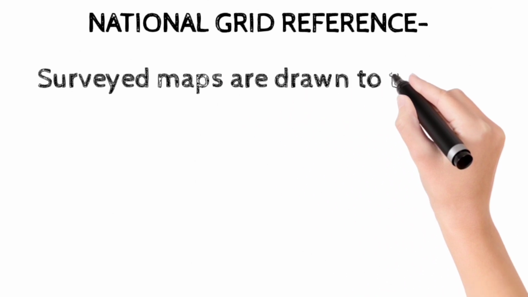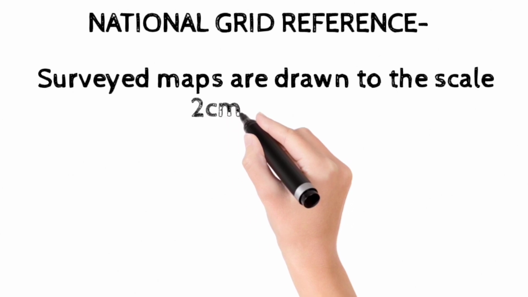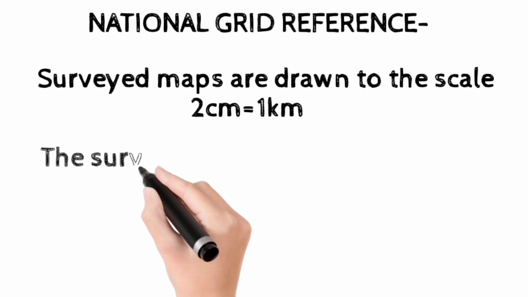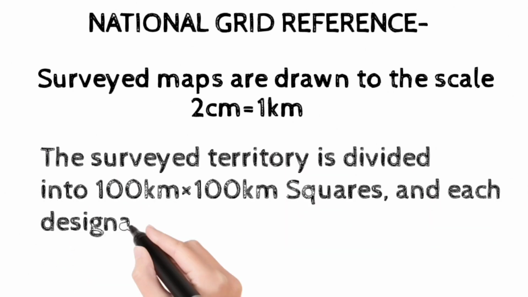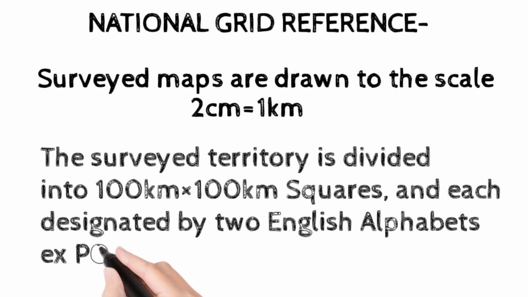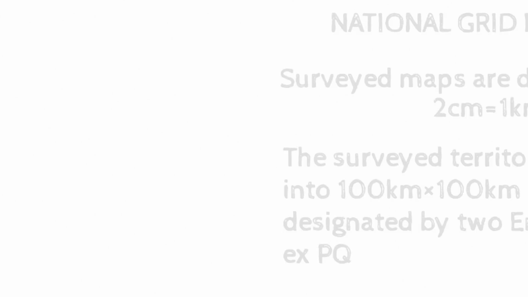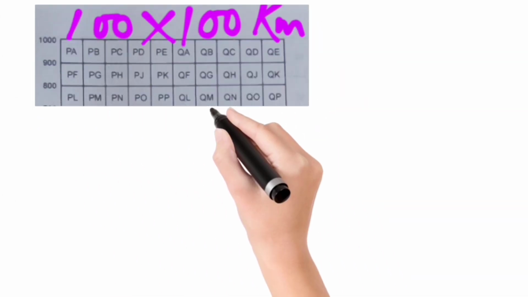Surveyed territory, an area of 10 lakh square kilometer, is divided into uniform squares having an area of 10,000 square kilometer, or 100 kilometer into 100 kilometer squares. And each such square is designated by 2 English alphabets.